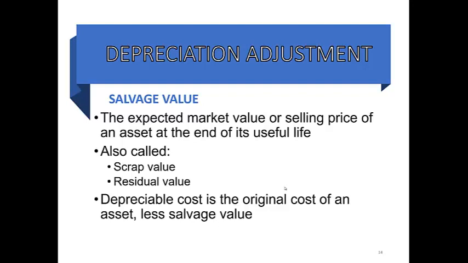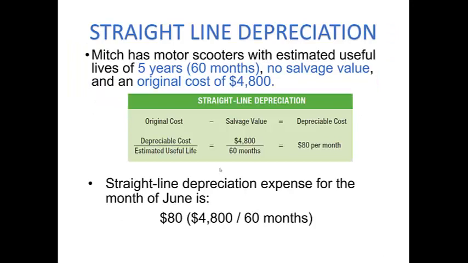And that's also called the scrap value or the residual value. So for example, if our equipment after 5 years of use can be sold for $200, that would be considered its salvage value. Now we'll take a look at the formula for straight line depreciation.